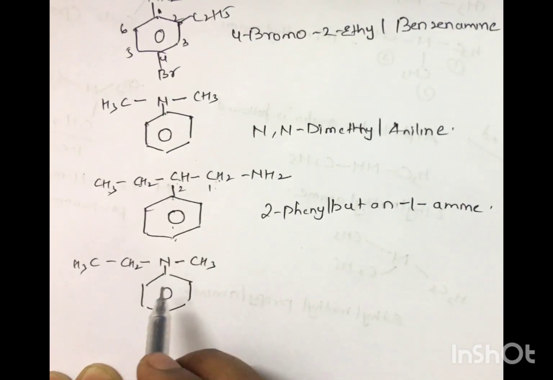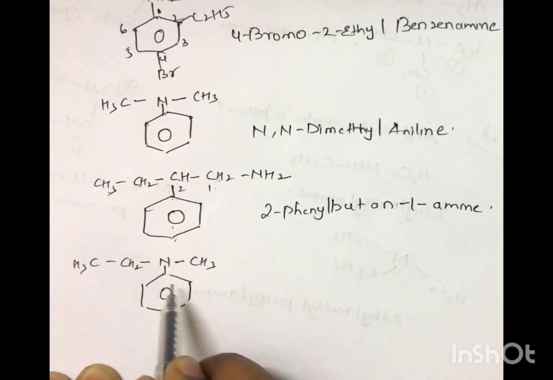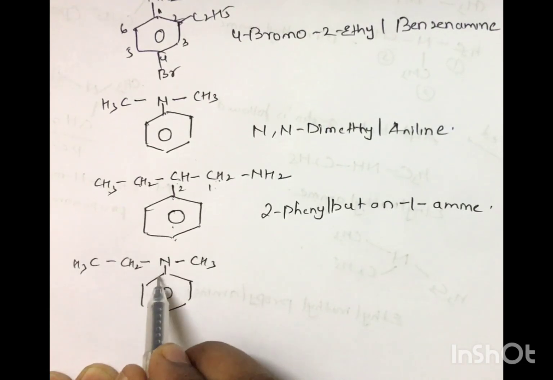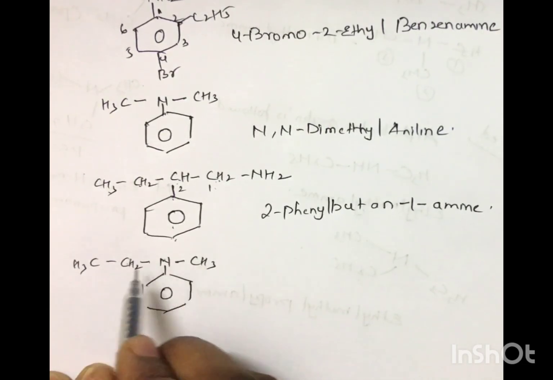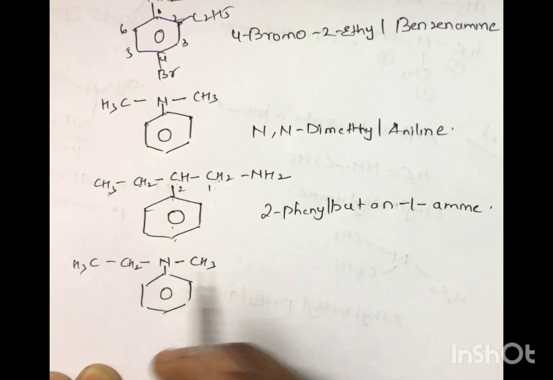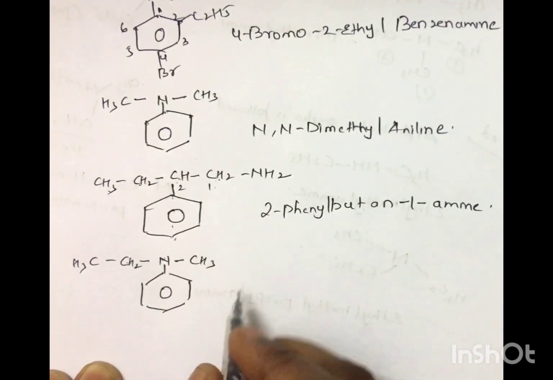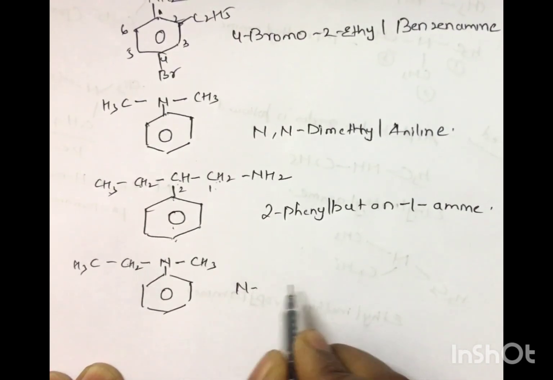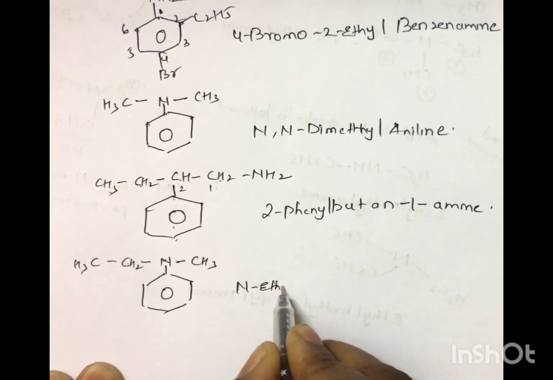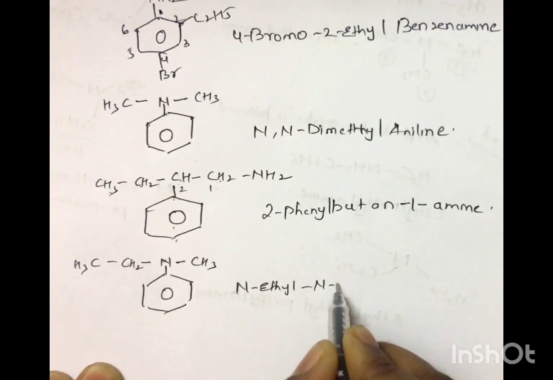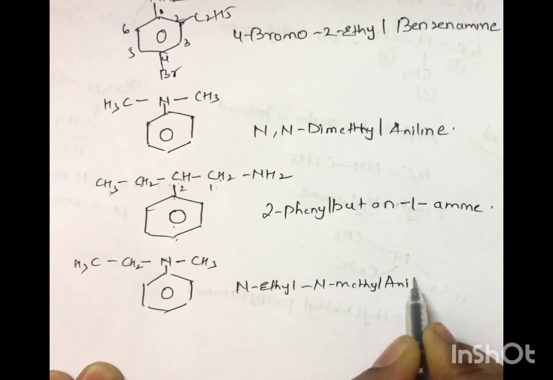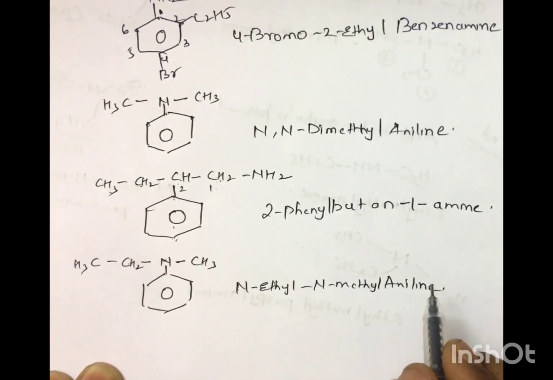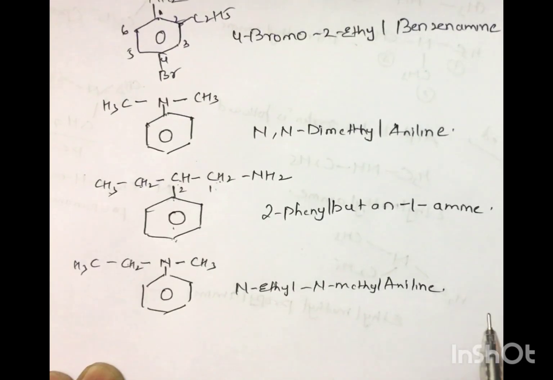The ring is the parent here because it is attached directly to the nitrogen atom. Both alkyl groups are substituents, and as usual alphabetic order is followed. N-ethyl, N-methyl aniline is the answer.